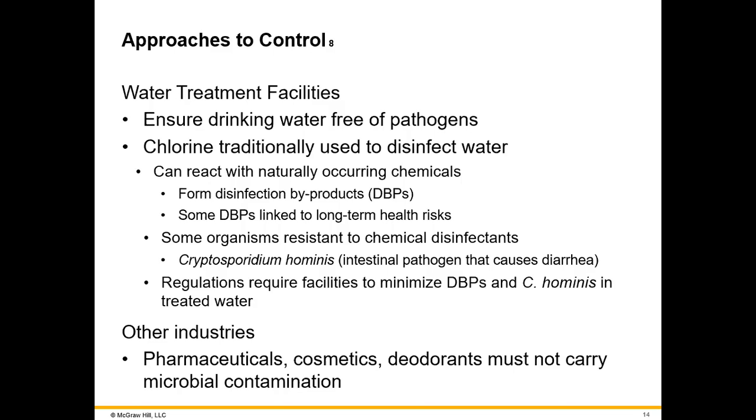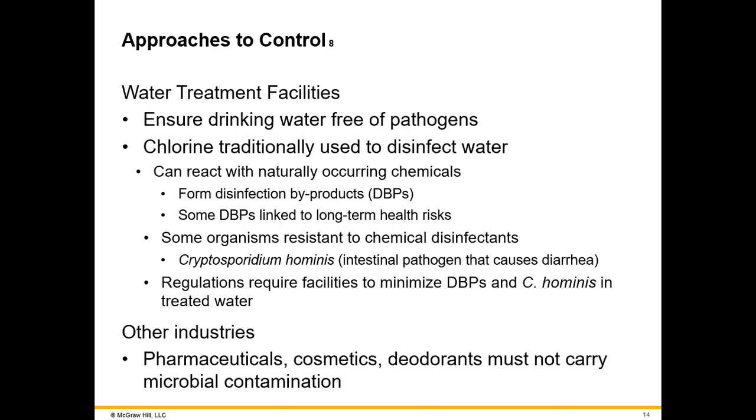Traditionally, chlorine used to be the first choice because it is highly effective at low concentrations at killing microbes. It has some drawbacks. It can change, of course, the flavor of the water, but well, water doesn't have flavor. It doesn't change the flavor, but it creates a flavor that is undesirable.